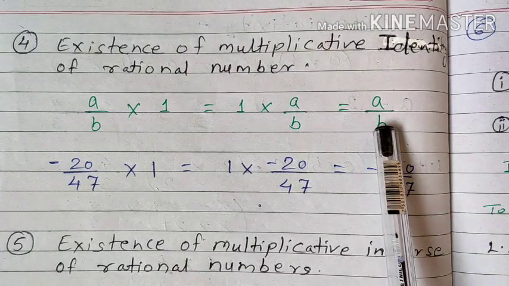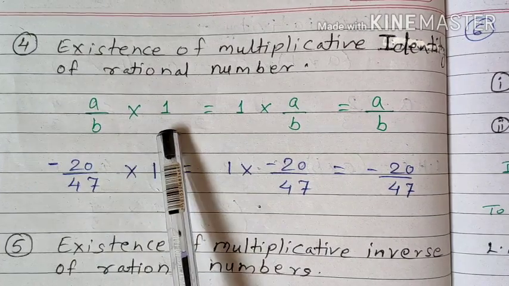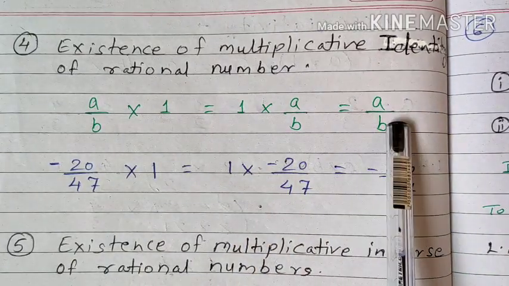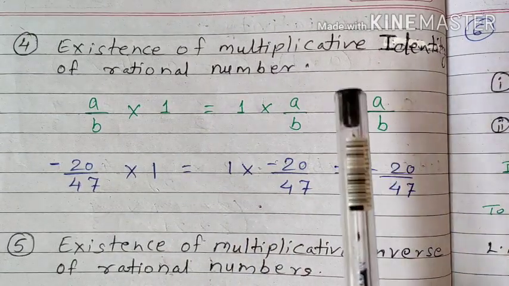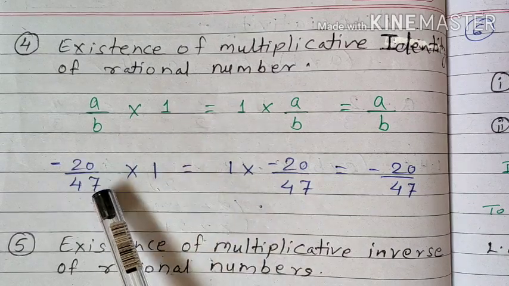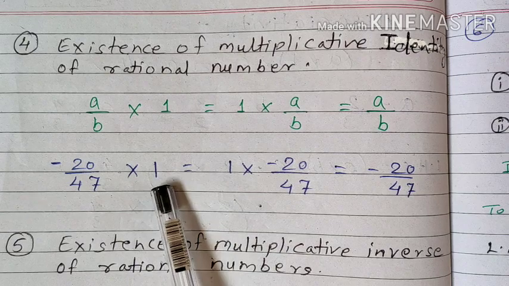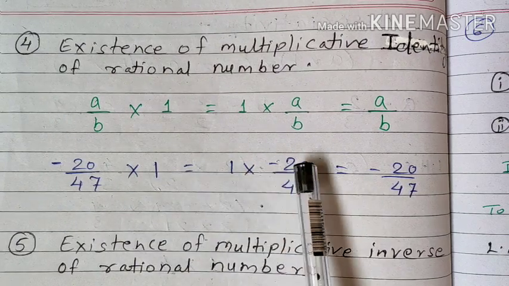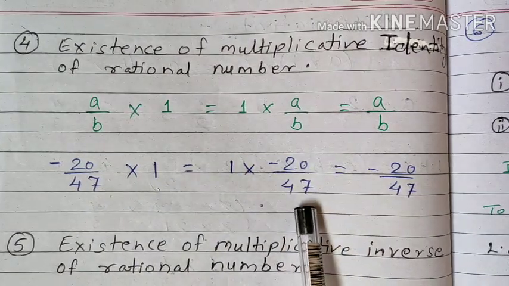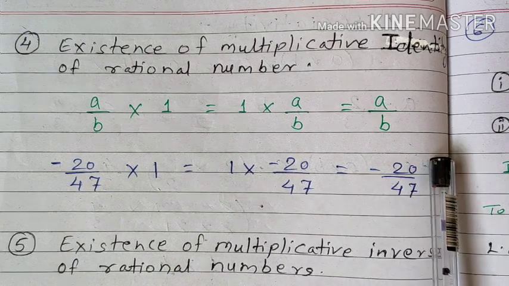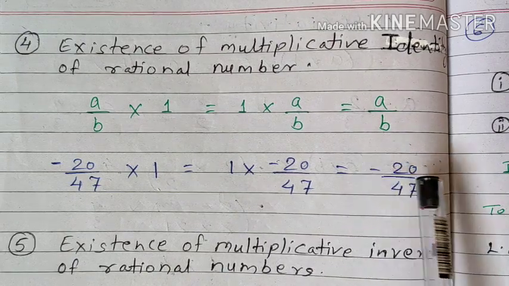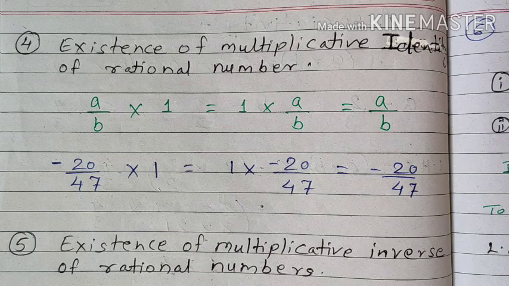In simple words, any number multiplied by 1, the answer is the same number. Got it? For example, minus 20 upon 47 multiplied by 1, or 1 multiplied by minus 20 upon 47, the answer is the same number, that is minus 20 upon 47.